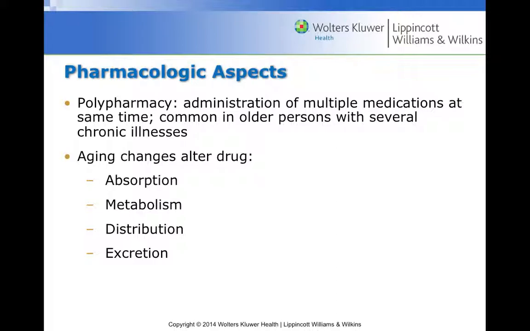And here again, it talks a little bit about the pharmacological aspects. This just goes over the differences in that elderly population, the polypharmacy, shall I say, and how taking multiple drugs affects the absorption changes, the metabolism, distribution, and excretion.